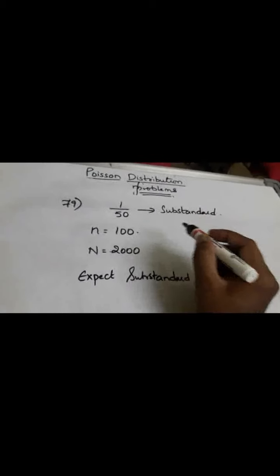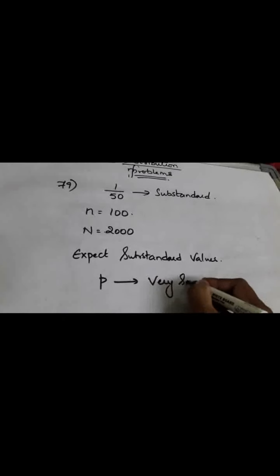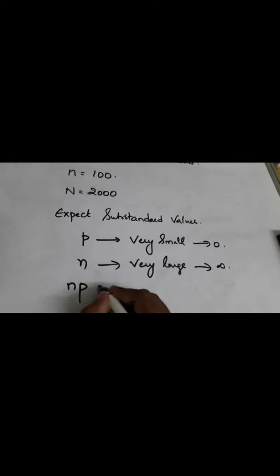See, in properties of Poisson distribution, I have mentioned to you, when P is very small, which tends to 0, and small n is very large, which tends to infinity, then the Poisson approximation np becomes lambda. This will be fixed.